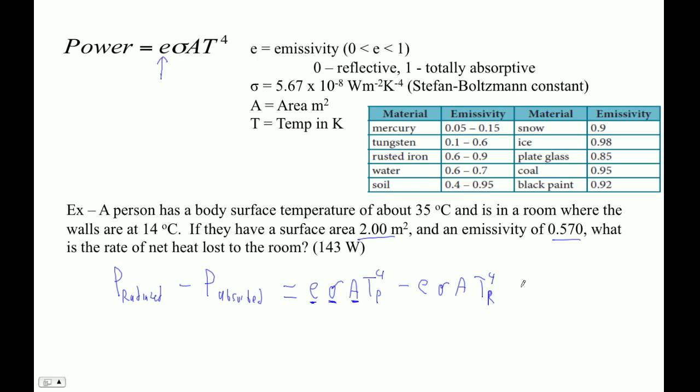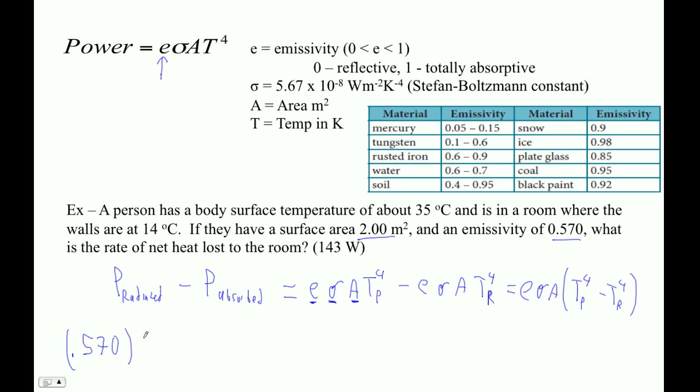Okay, so this is ultimately going to be emissivity sigma area, and then we just subtract those temperatures, right? Temperature of the person to the fourth minus the temperature of the room to the fourth, right? So let's plug it in. So we go 0.57, and this is a pure number, just like, I don't know, a coefficient of friction, but we didn't study that.